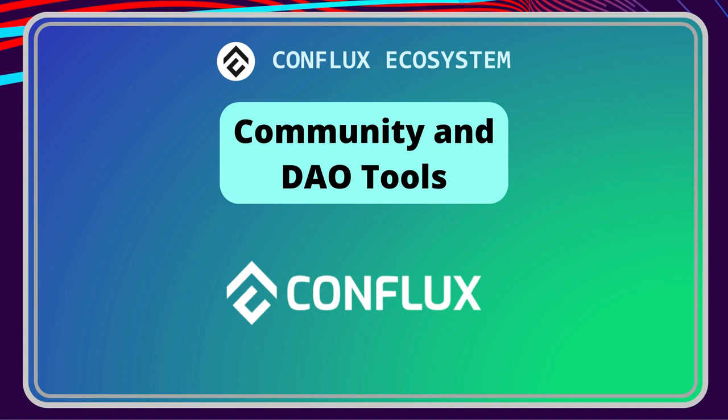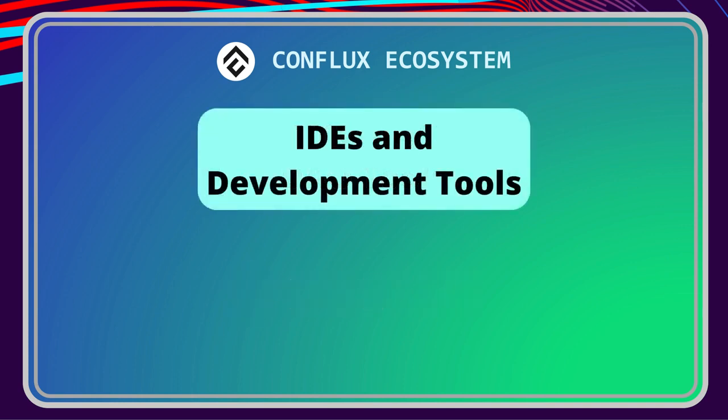Let's continue with the next category. We have IDEs and development tools. Here there are basically two groups: the tools for Conflux Core and the tools for Conflux eSpace. Some tools can be used for both, but for Conflux Core, you have Conflux Studio, you can use Chain IDE, you can use Conflux Truffle, and all the official SDKs.